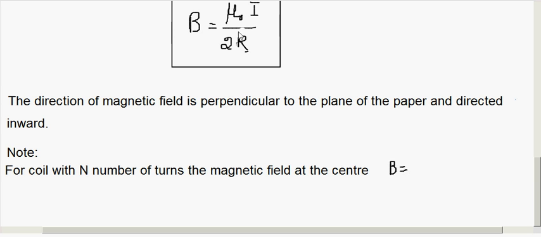This is with one turn, and if you have n turns, it will be mu naught n I divided by 2R. For a coil with n turns, the magnetic field at the center is B equal to mu naught n I by 2R. This is how we find the magnetic field at the center of a circular current carrying loop.